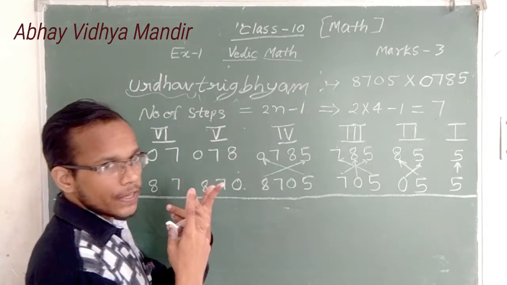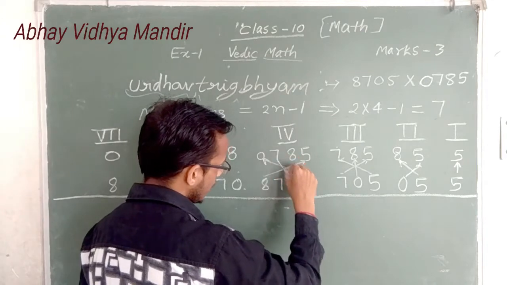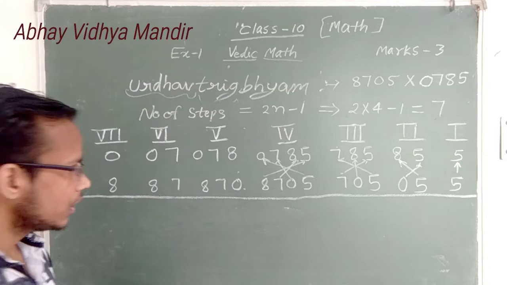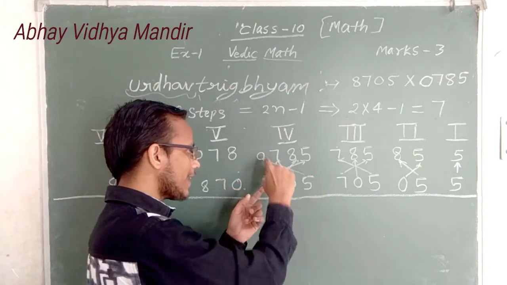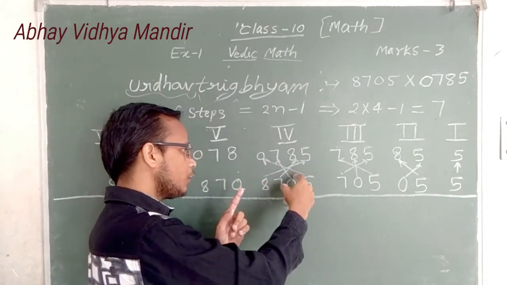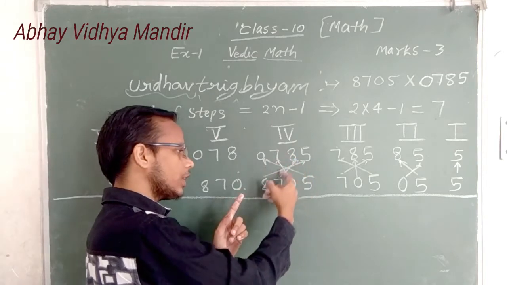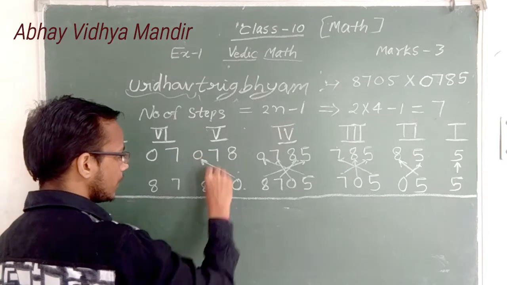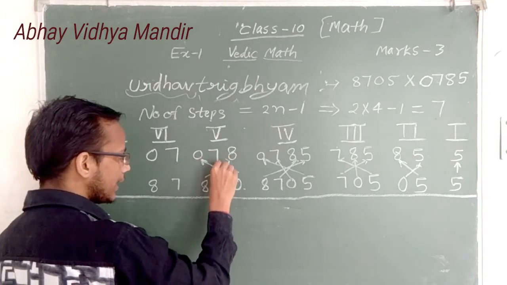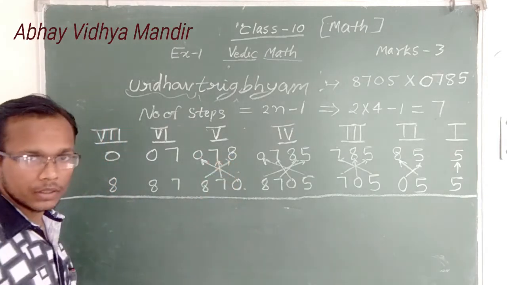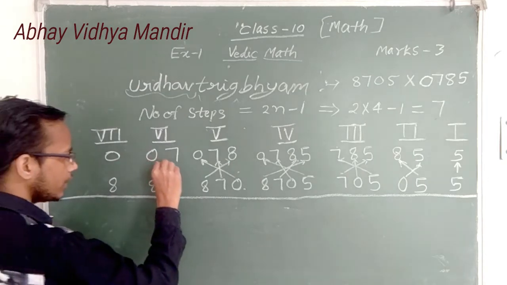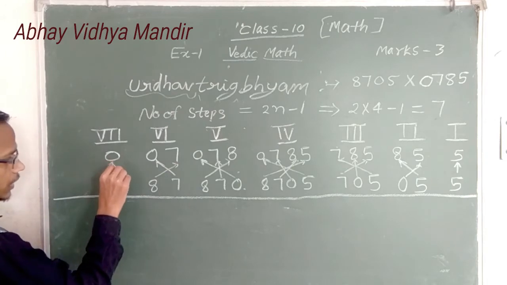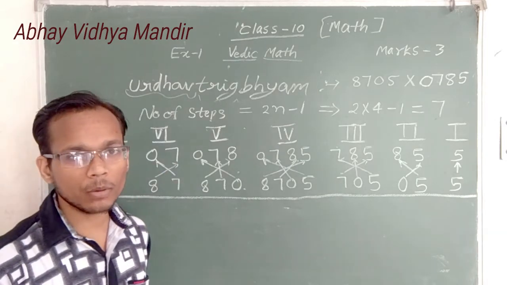But here there are two digits, so cross, first and second. Remember it. A single digit is vertical. We have no problem here.